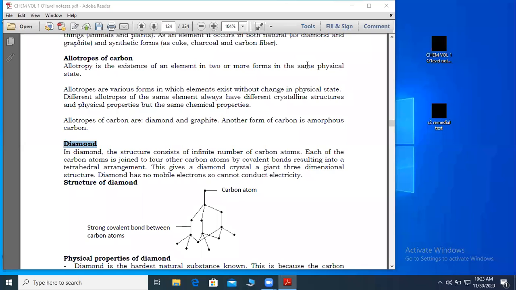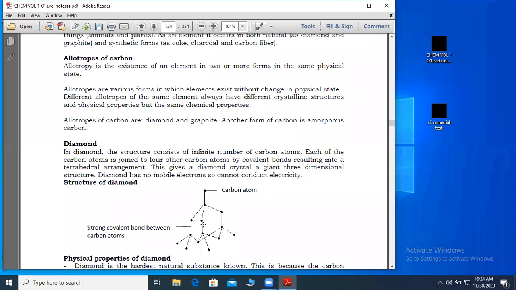You remember when we were looking at structure and bonding, we brought in diamond and graphite to have a giant molecular structure. The most important thing you need to know about diamond is its structure, shown here. It is a common question to be asked to draw its structure.